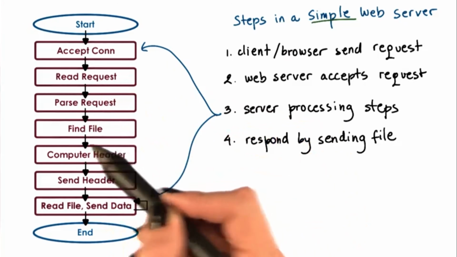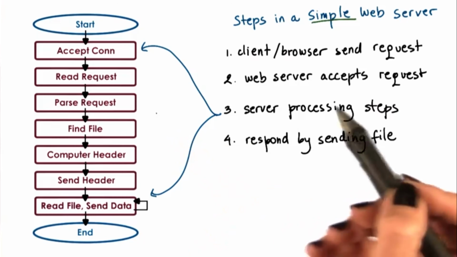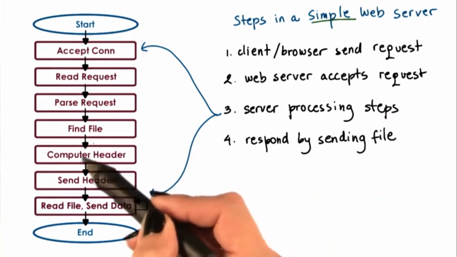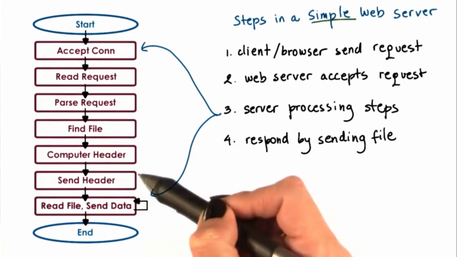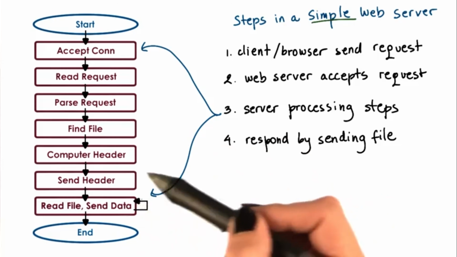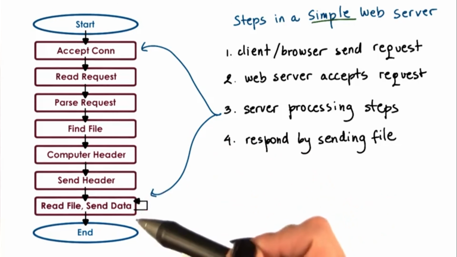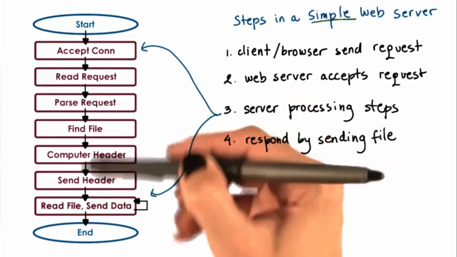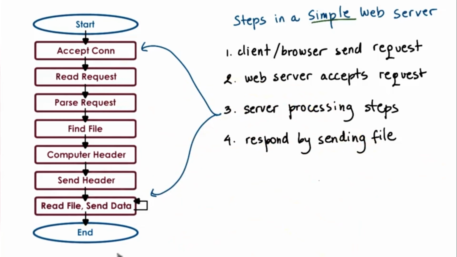We need to then find the file in the local file system at the server side. Once we extract the file, we need to compute the header, send out the header, and then also send out the file, or potentially send out an error message along with the header if the file is not found. So for the rest of this lesson, we'll really focus on this simple web server processing.